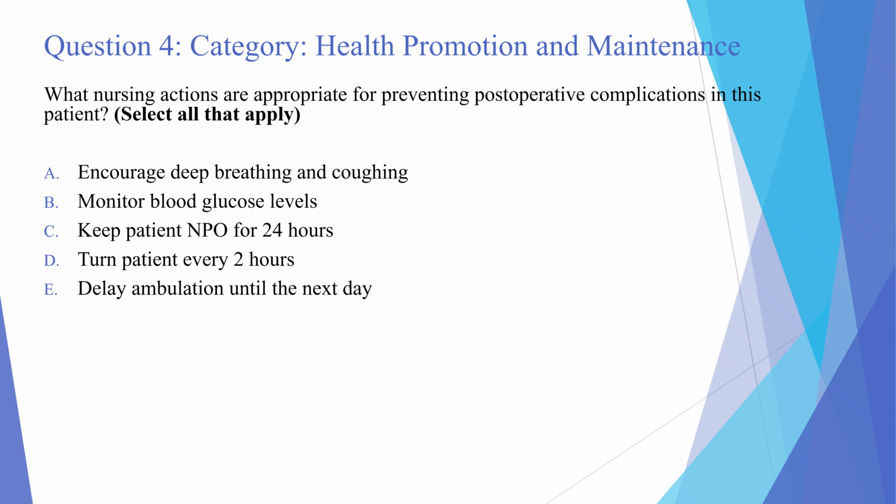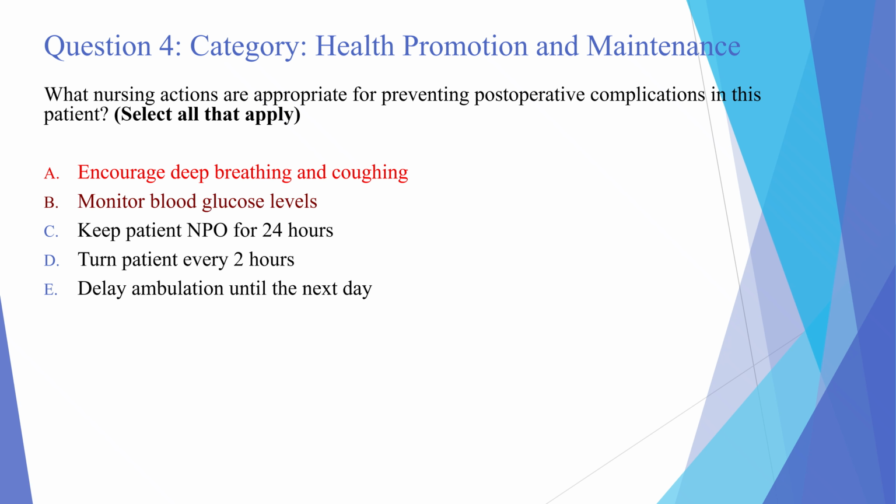And here we have select all that apply. Encourage deep breathing and coughing. Monitoring blood glucose levels. Keep patient NPO for 24 hours. Turn patient every 2 hours. Delay ambulation until the next day. So you encourage deep breathing and coughing.